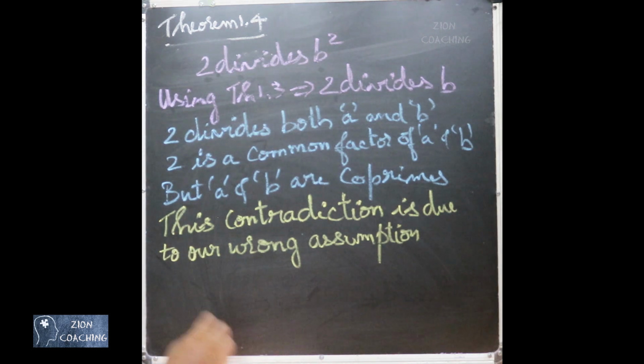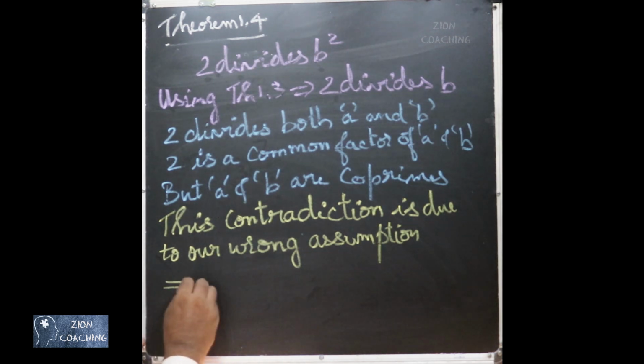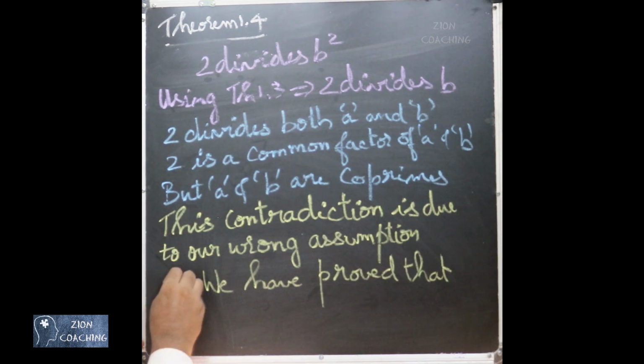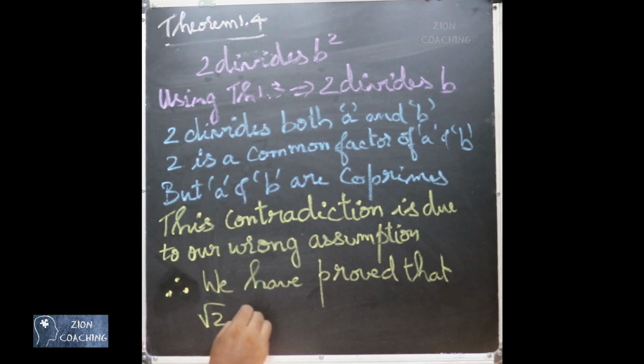So our assumption is wrong, which is not true. Then what is going to be the original statement? Therefore, we have proved that root 2 is irrational.